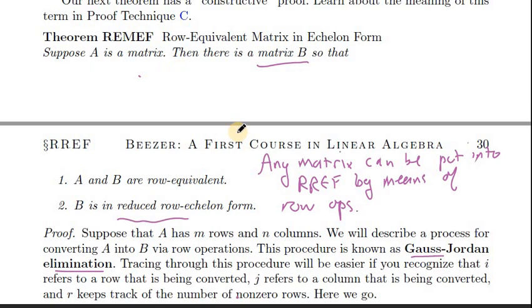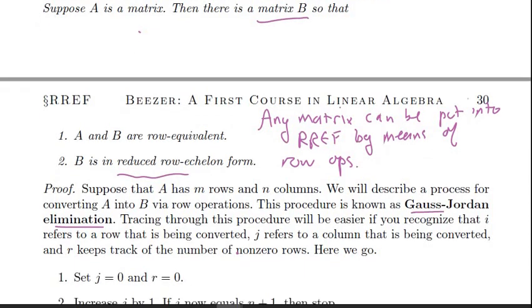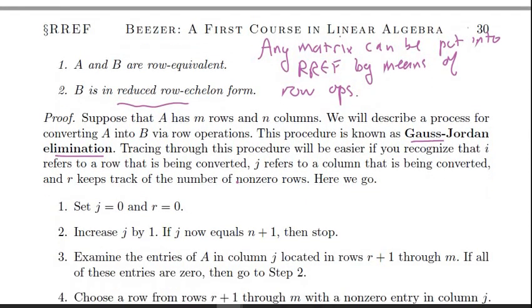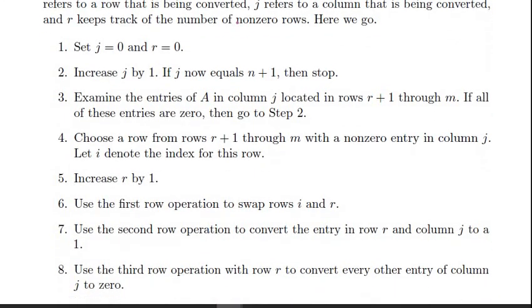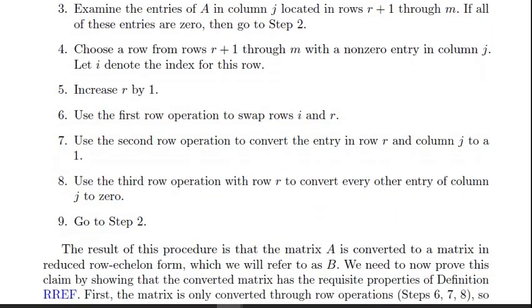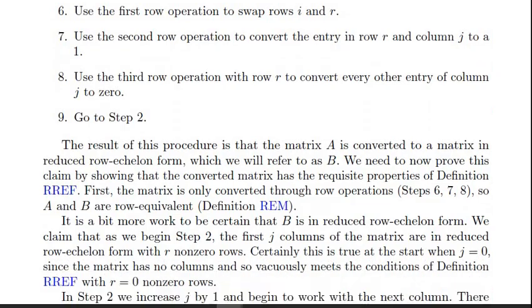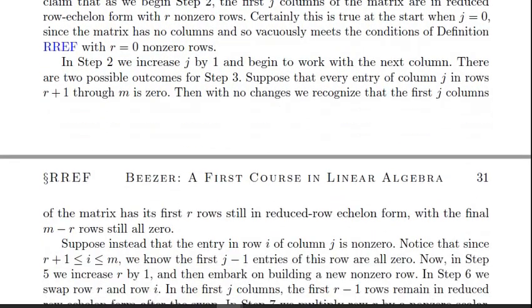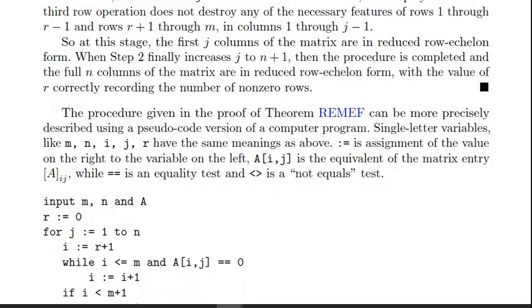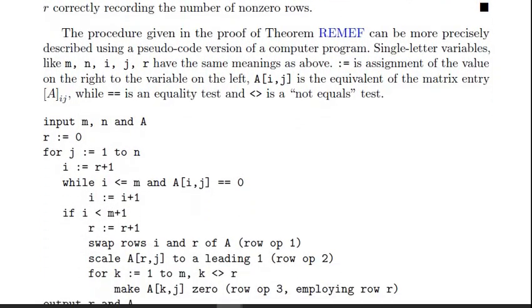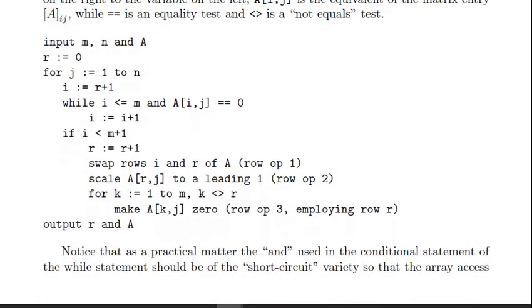Right now, in the book, there's a long discussion about how to do this process of Gauss-Jordan elimination. Here's a description. And down here, they explain the different steps. Here's a computer code, which really shows you that you can do this process.